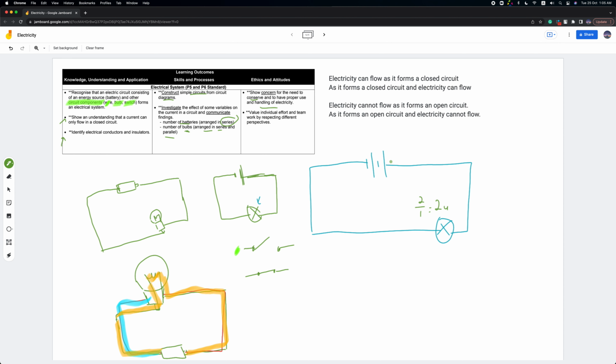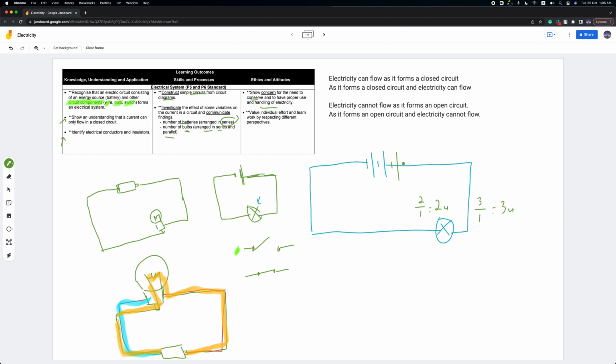If I add 1 more battery, that means I have 3 batteries passing through 1 light bulb. That will give me 3 units. So if I add batteries in this manner, the light bulb will receive more electricity. That means it will become brighter. Straightforward: more batteries, brighter light bulb.